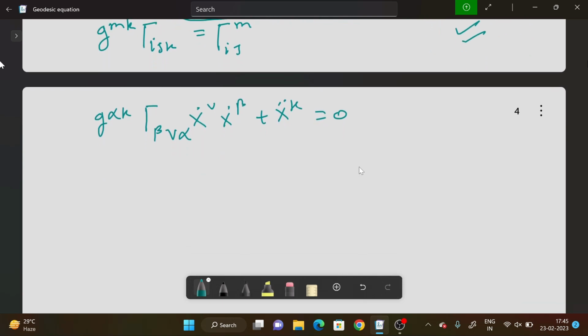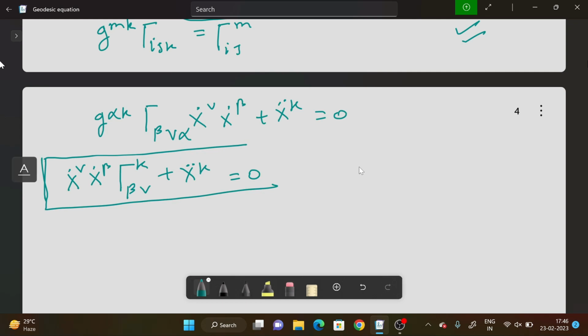Now alpha is the repeated index and therefore is getting summed over, and we will be left with k. So this will change this to the Christoffel symbol of the second kind. This will be k beta nu and of course x dot nu and x dot beta plus x double dot k is equal to 0. And this is precisely your geodesic equation in general relativity.